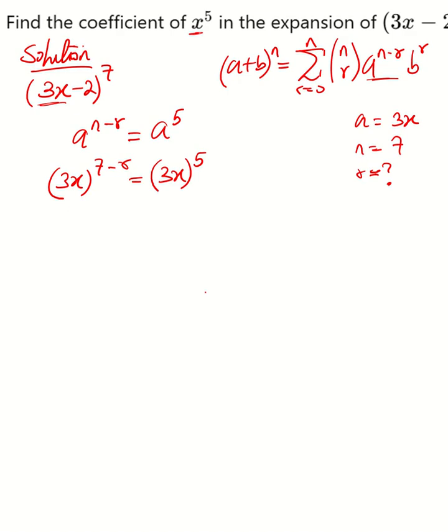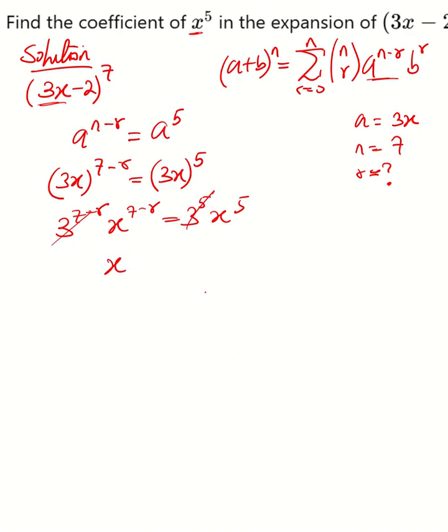Okay, so opening these brackets, this will give us 3 to the power of 7 minus r, and x to the power of 7 minus r also, which is 3 to the power of 5 and x to the power of 5. Since we are interested in x and not 3, we can actually ignore this constant and work with the variable.